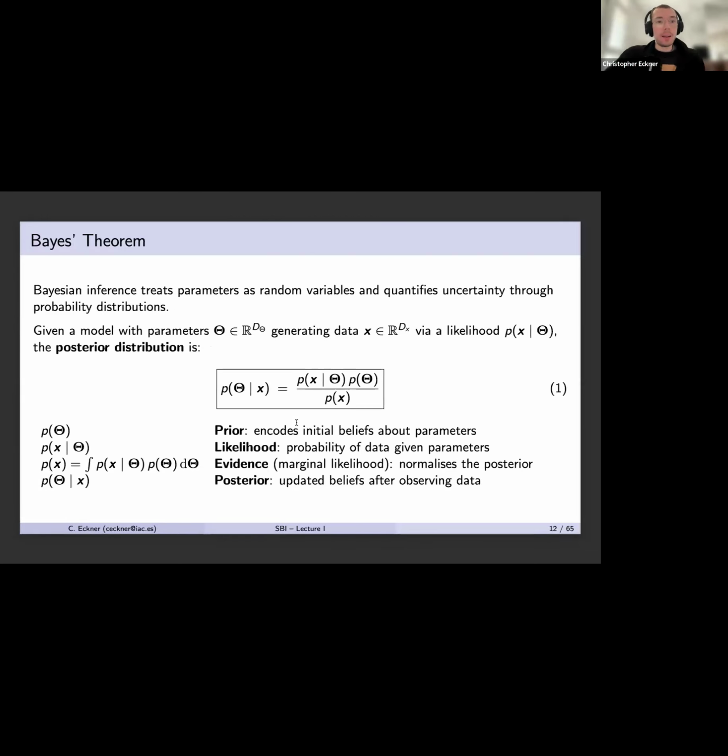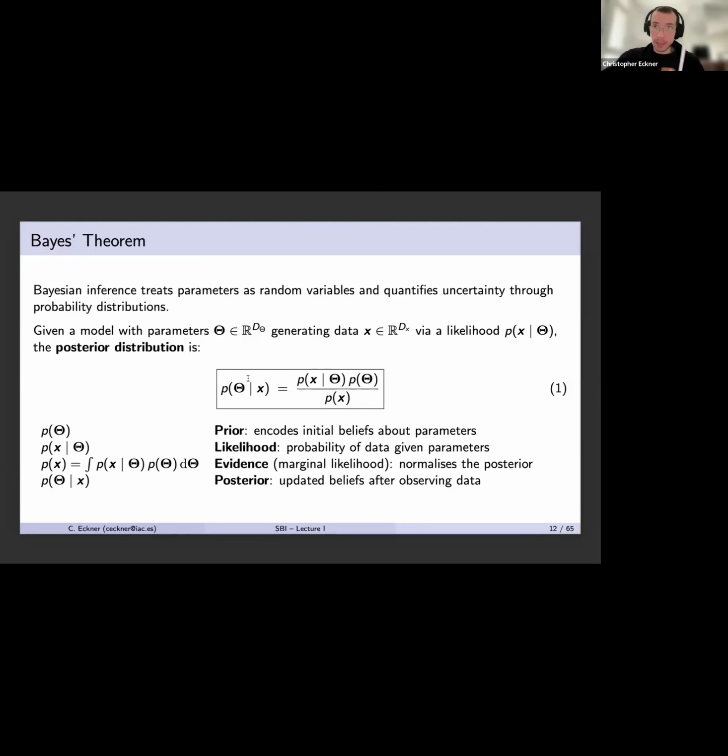Okay. So before we dive back into this, let's have the recap of Bayes' theorem. That will be important for what we are doing here. In Bayesian inference, we treat everything as random variables, and we quantify the uncertainty in those probability distributions. In particular, a prior distribution for your parameters, given here in this formula as P of theta, or a posterior: if you have seen a certain data set, you have a posterior belief in your parameters, which is then that distribution.